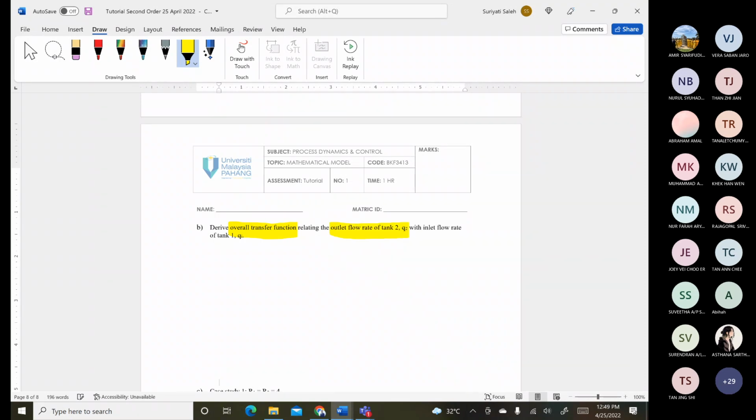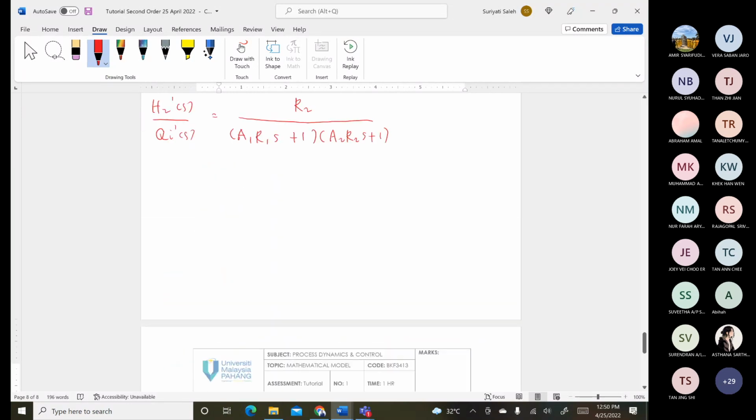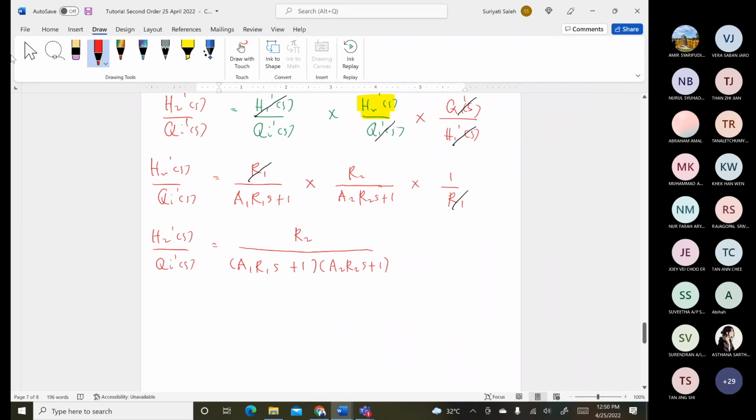Now, they want you to obtain the outlet flow rate with the inlet flow rate Qi, meaning that the question asks you to obtain the Q2 prime S over Qi prime S. So what is this transfer function? This is the overall transfer function that needs to be obtained according to this question. So we can take a look at the previous, we obtained the H2 over Qi.